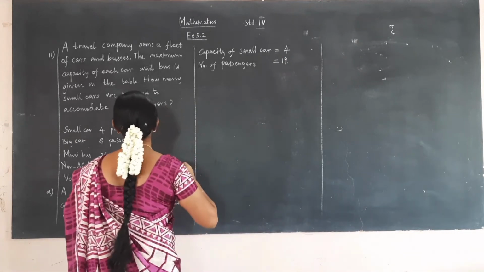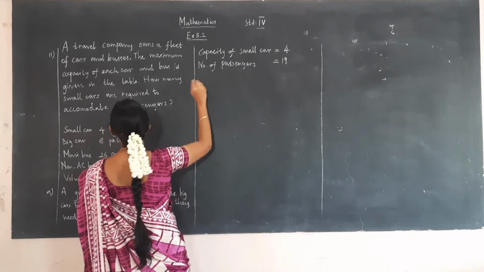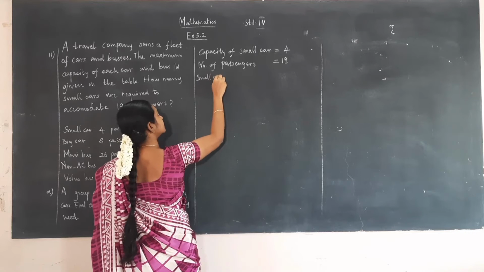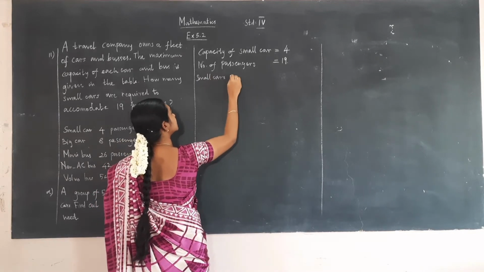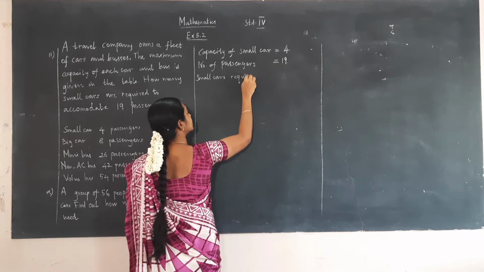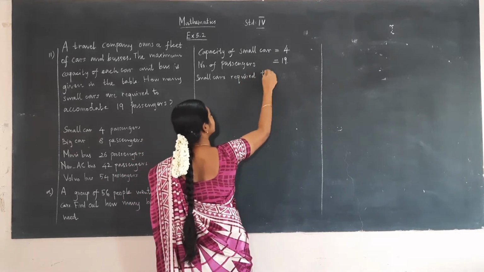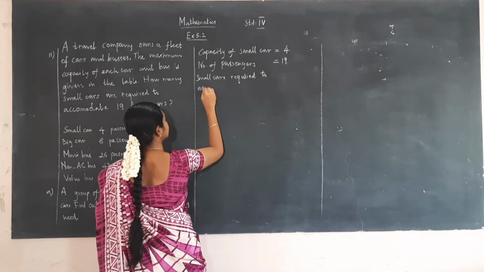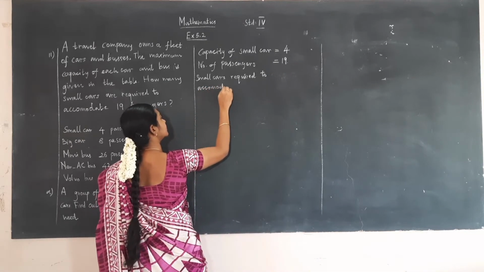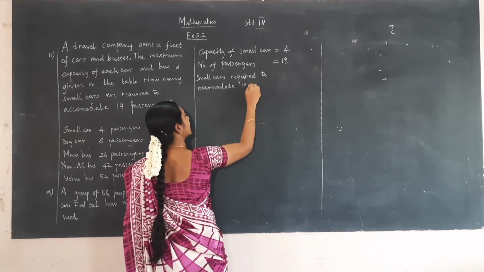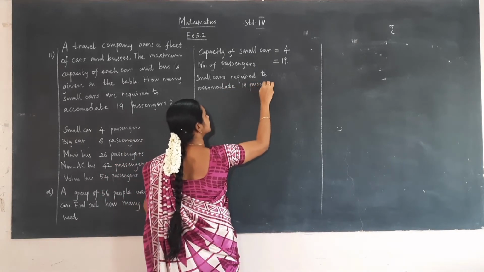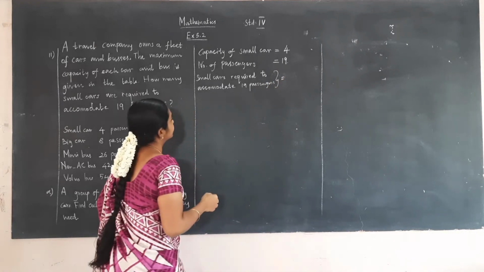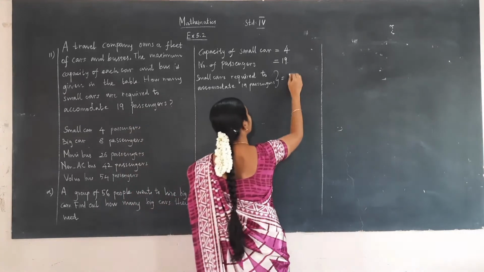We have to find small cars required to accommodate 19 passengers. That is, we have to divide 19 by 4.